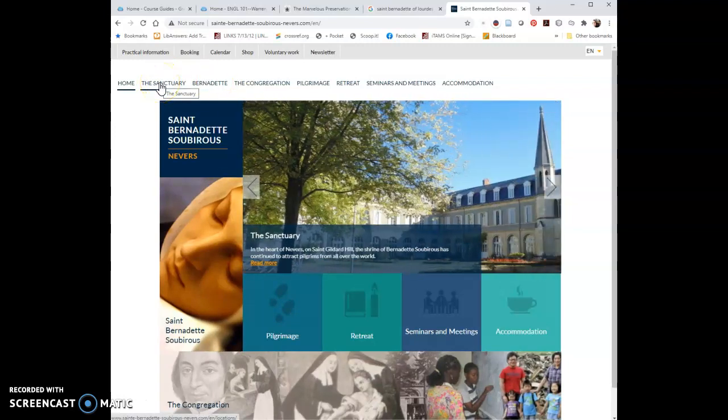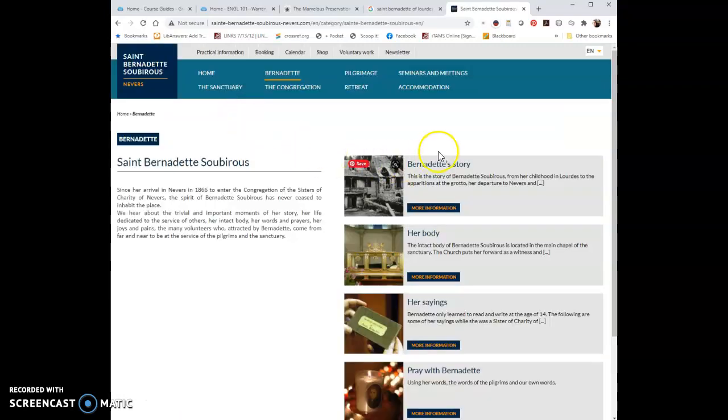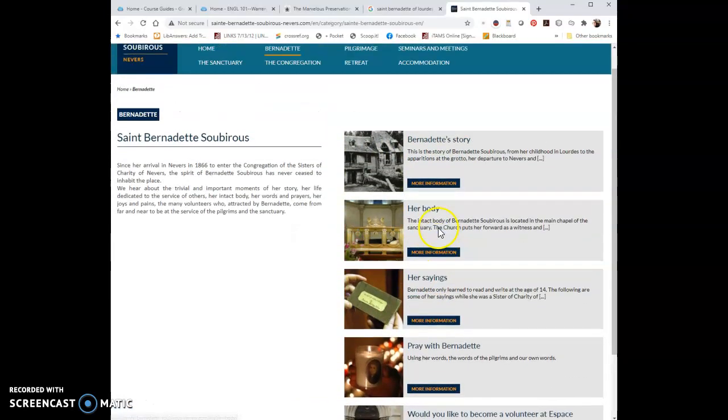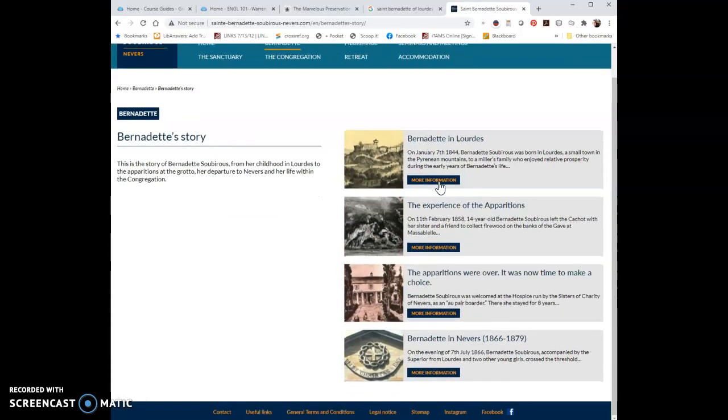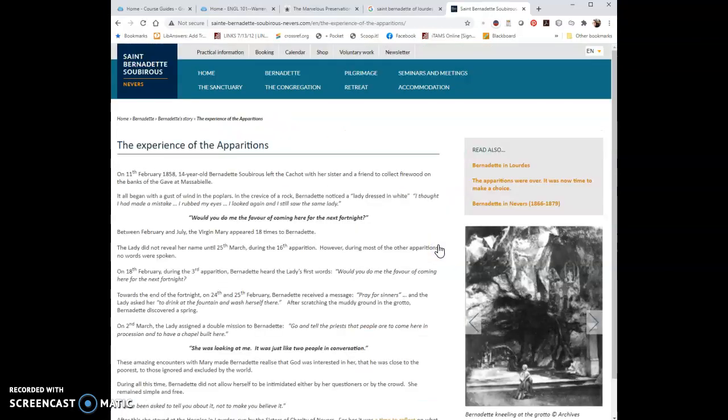And then you have information about the sanctuary, but then you also have in this tab across the top Bernadette, and you have different information about her. So you can look at Bernadette's story. You can look at the experience of the apparitions.